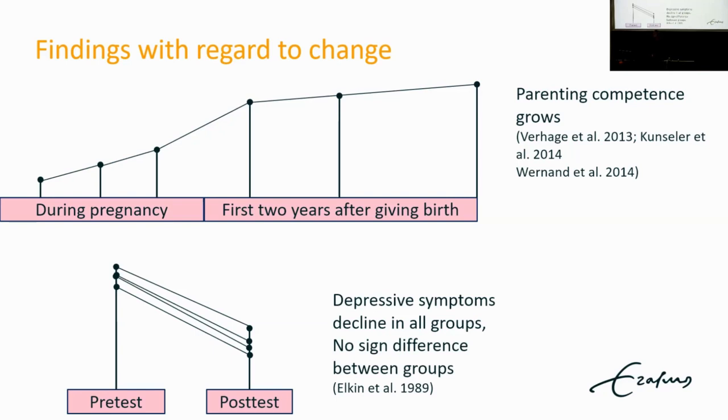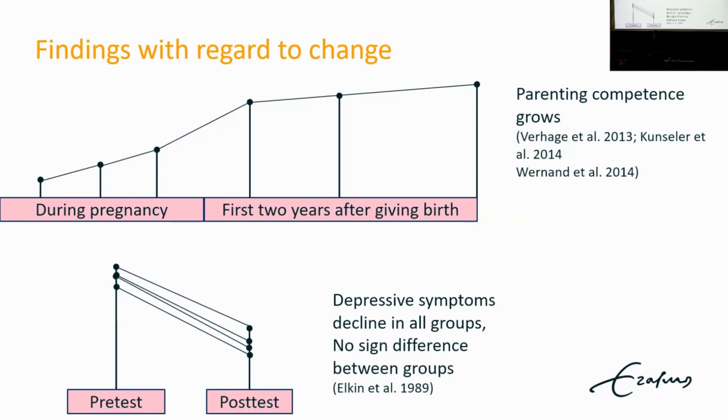There are many studies out there studying the effect of psychotherapy on depression, but this is one of them that I highlighted. They found indeed a decrease in depressive symptoms, but a similar decrease across all groups. So also in the control condition, they saw this decrease in depressive symptoms. So it could not be attributed to the psychotherapy. But they did observe a decrease.